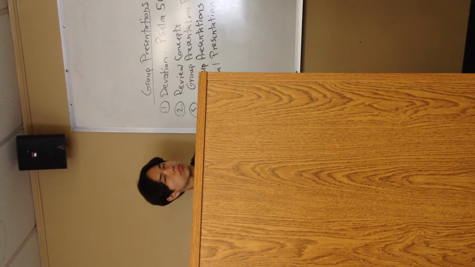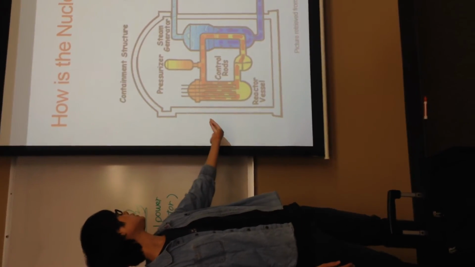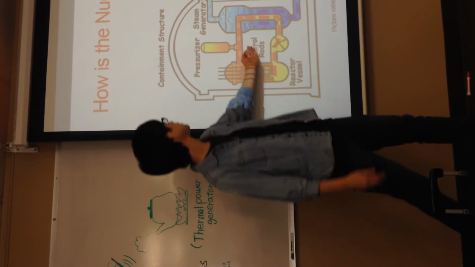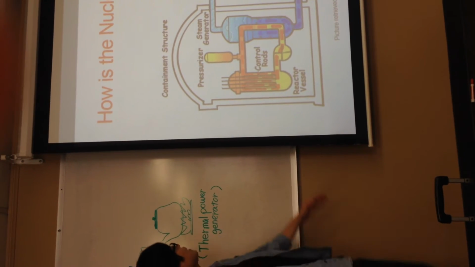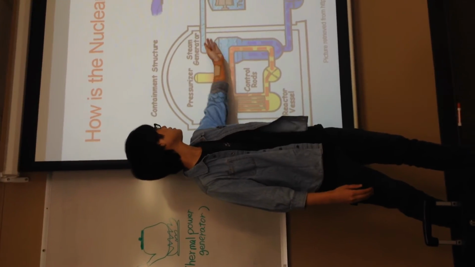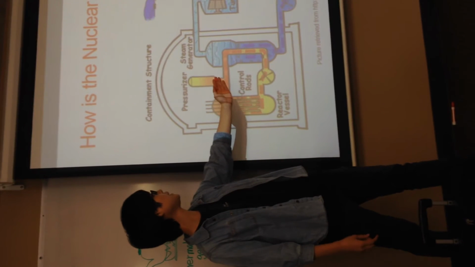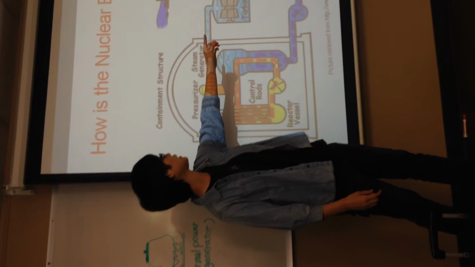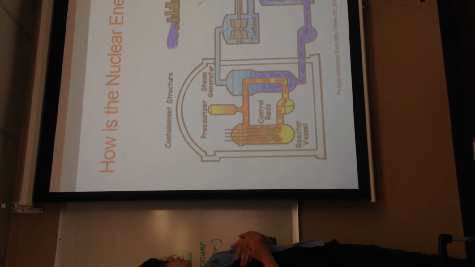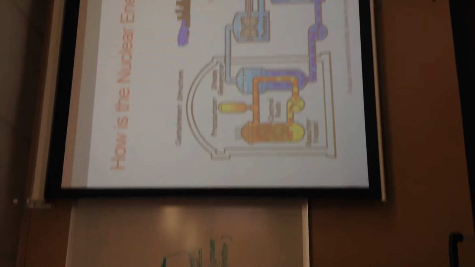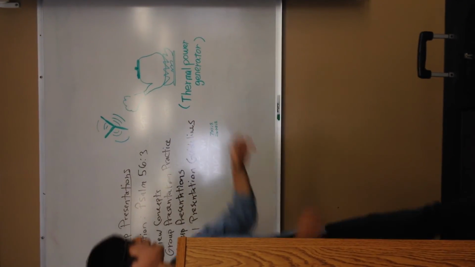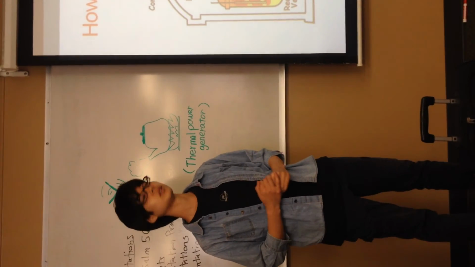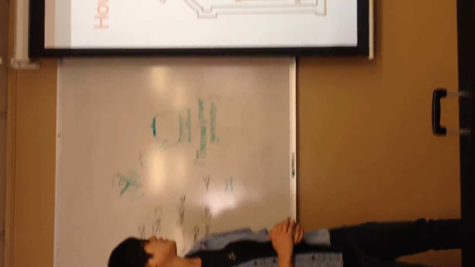Here, nuclear reaction is happening, and then that steam will move the turbine, and it will translate into electricity, and we can use the power of electricity. And then here, we can use water from the ocean to cool down the system.